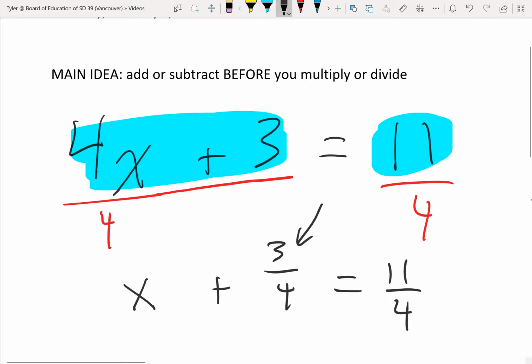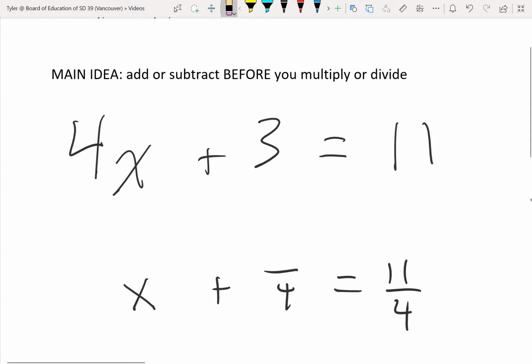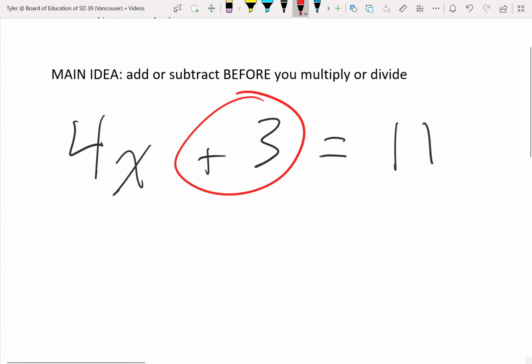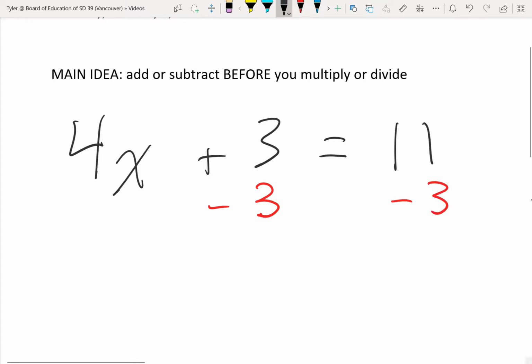So now let's see what would happen if we dealt with the addition first. It's going to look a lot nicer. All right, so I have a plus 3 here. How do I get rid of plus 3? Well, I'm going to subtract. And if I subtract from one side, subtract from the other side. So now I'm going to be left with 4x over here, and this is going to turn into 8. And now I think, okay, how do I get rid of this 4?